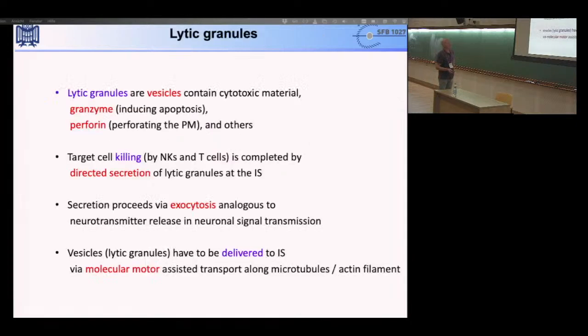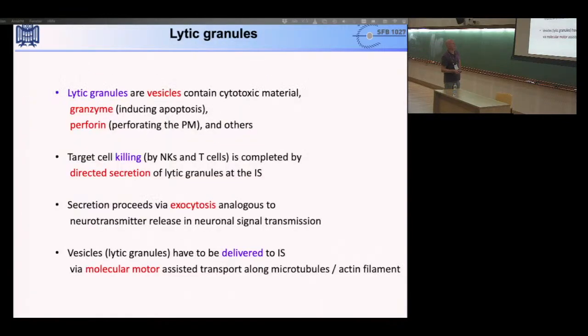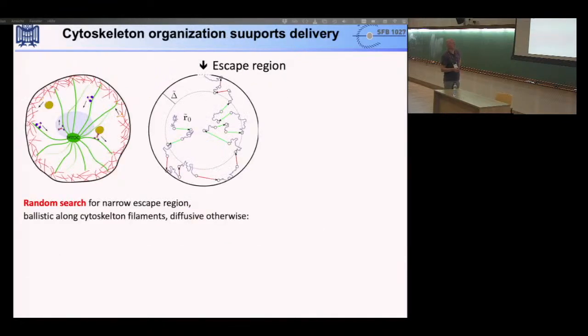Okay, the last part: the delivery of these vesicles containing the cytotoxic material is also a narrow escape problem, because these vesicles have to be delivered at the center of the immunological synapse.